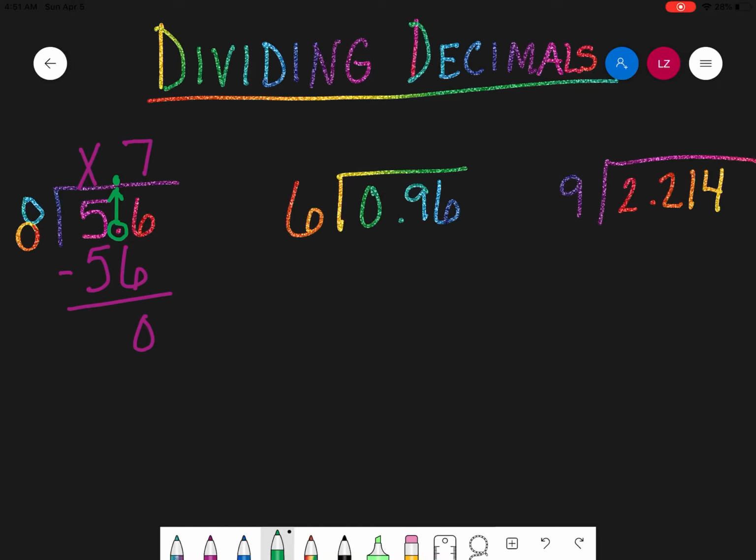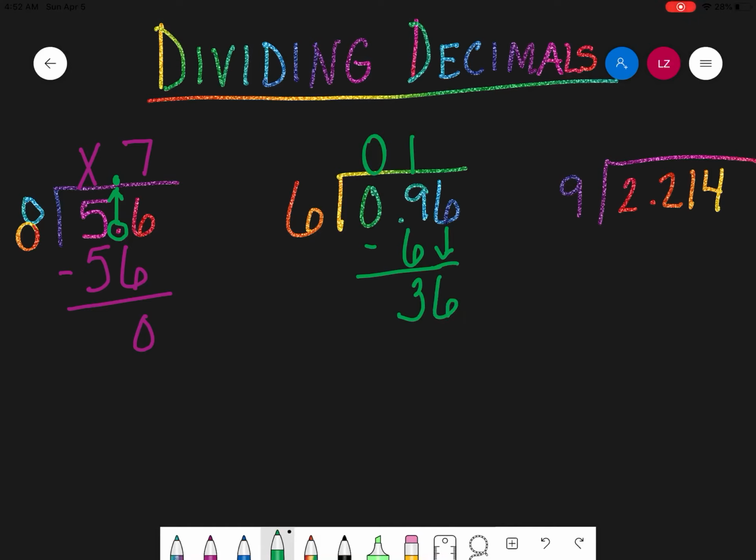96 hundredths divided by 6. 6 goes into 0 how many times? It doesn't, so let's just put a 0 up there. All right, 6 goes into 9 one time. 1 times 6 is 6. Let's subtract, we get 3. 3 is less than 6, so that's good. We bring down the next digit.